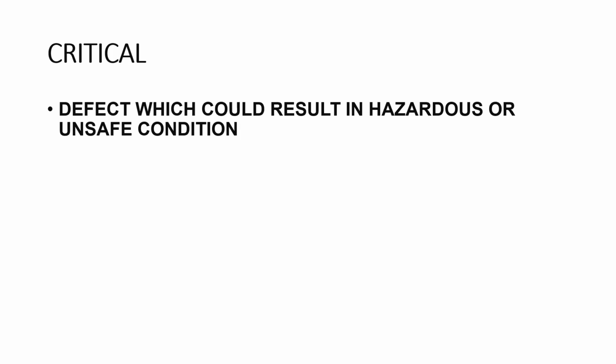Now let us start with the critical defects first. What do we mean by a critical defect and how will you categorize it? This can occur because of hazardous or unsafe conditions.